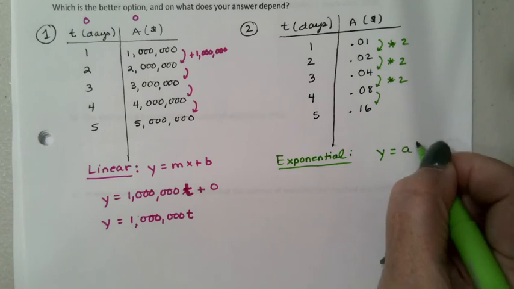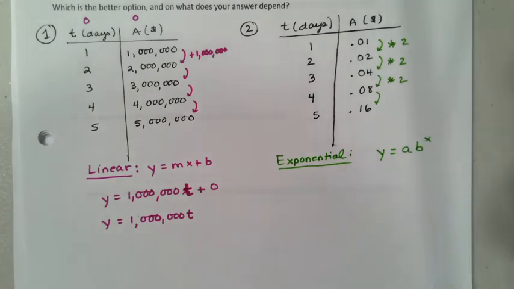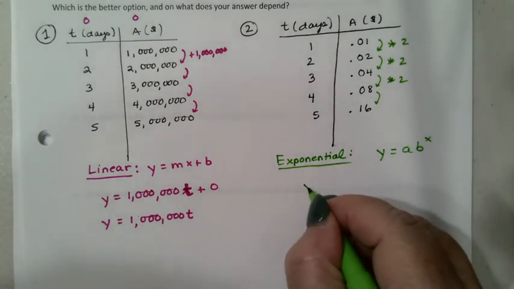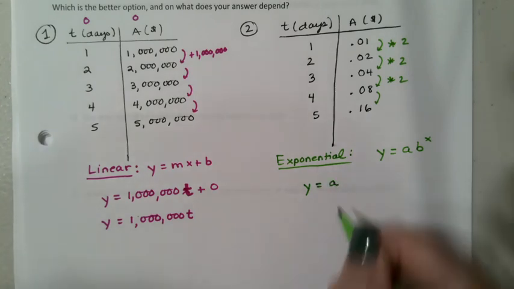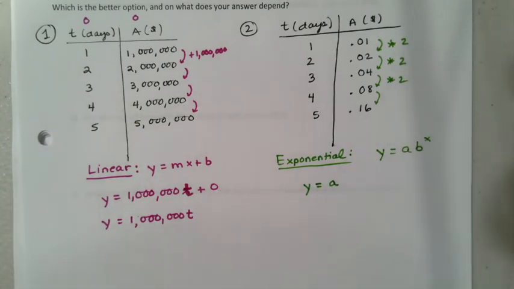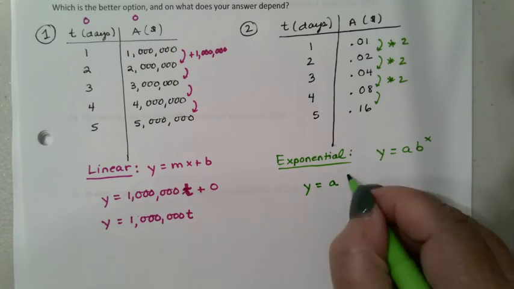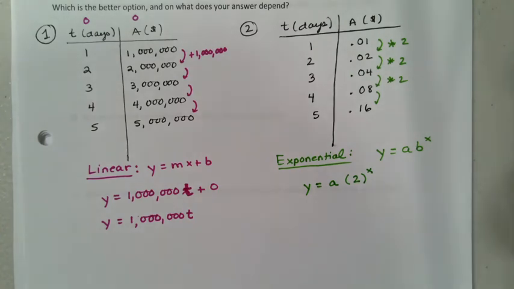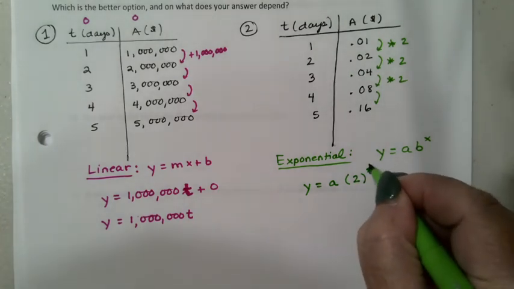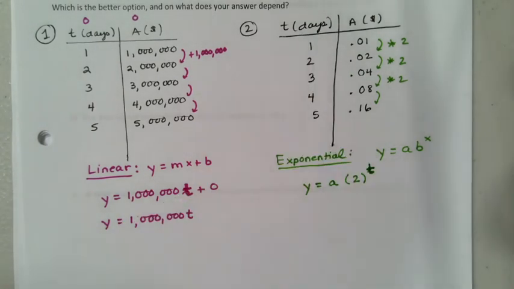Y equals ab to the x. We'll come back to a in just a minute, but notice that since the constant multiplier is 2, that means our b value is 2. And again, I'm going to go out to t because I had t in my chart.